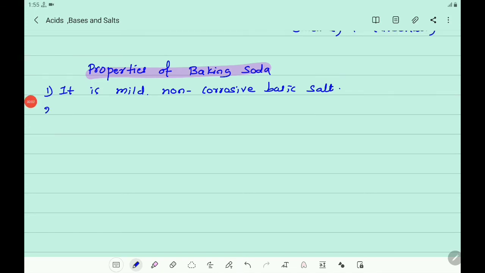Then the second property is, when it is heated, sodium carbonate, carbon dioxide and water will be produced.